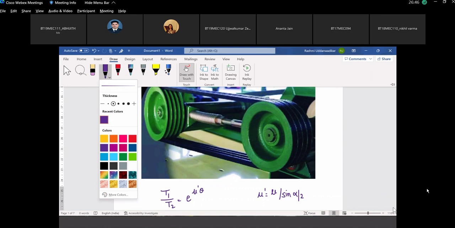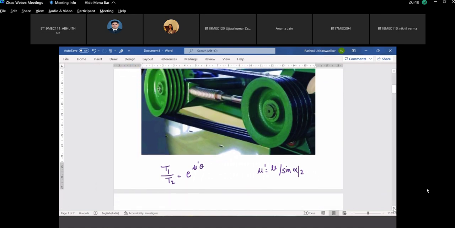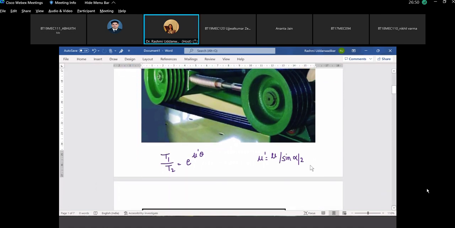Now, since the value of alpha is small, you understand that this sine alpha would be small. And because the denominator is small, the mu dash value is greater. And since you have a higher value of mu dash, to maintain the same ratio of T1 by T2, you can have a smaller angle of contact as compared to a flat belt.